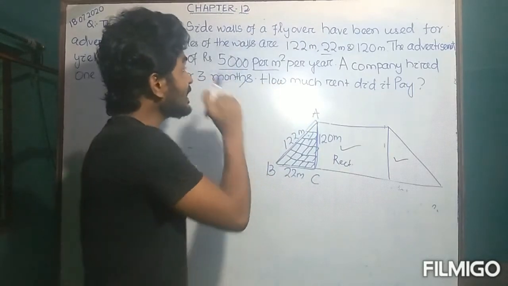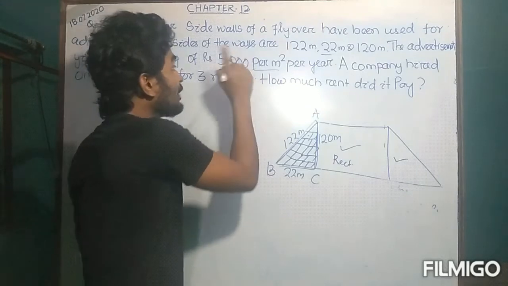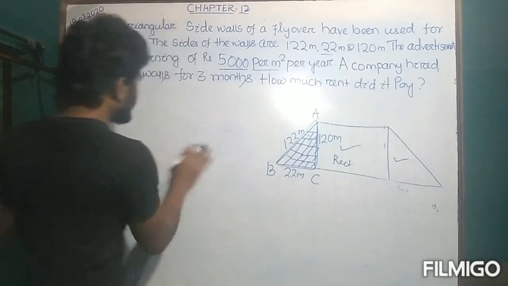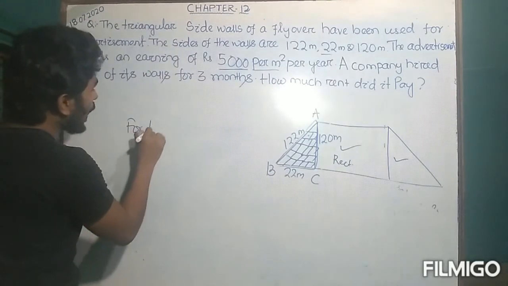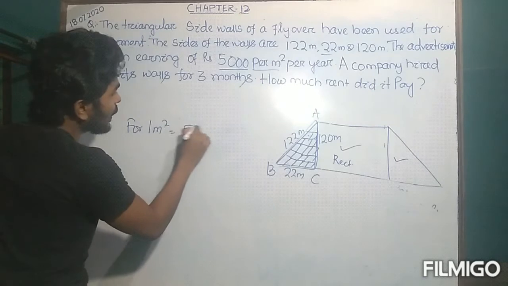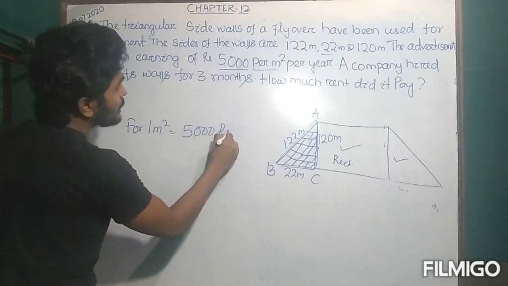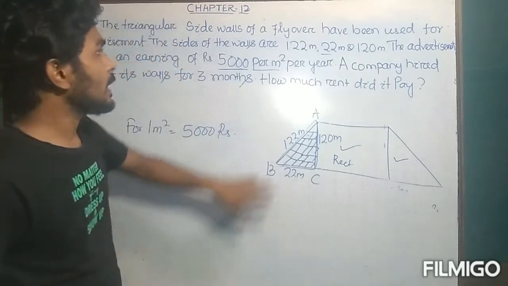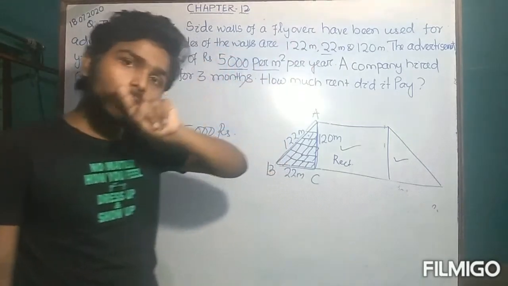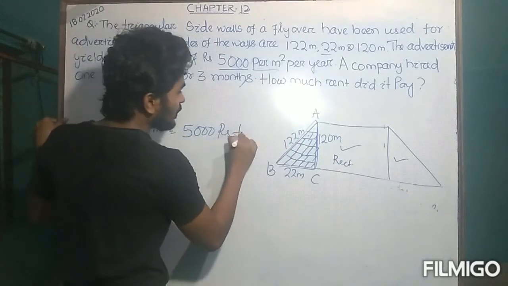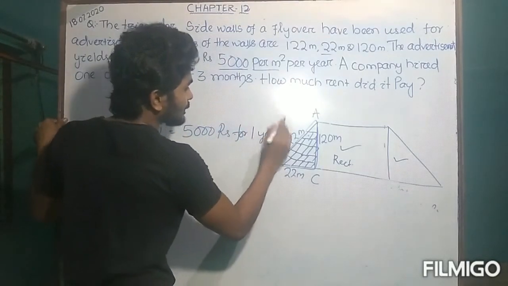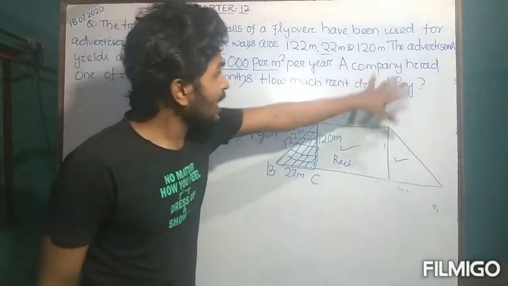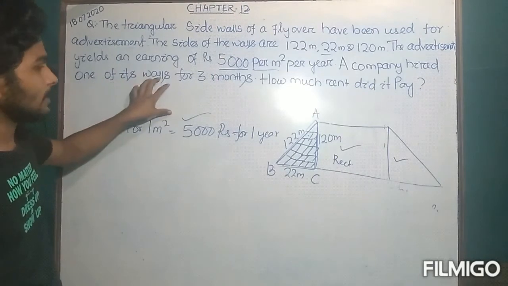Clear? So he has to pay 5,000 rupees for 1 meter square. Okay, the company has to pay 5,000 rupees per year, for 1 year. This is clear. Now, a company hired one of these walls.